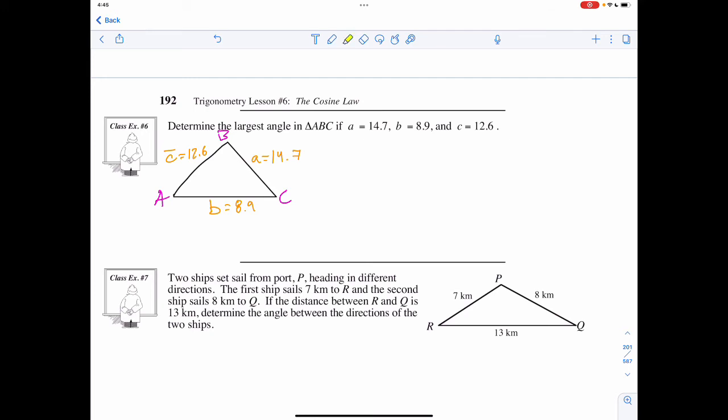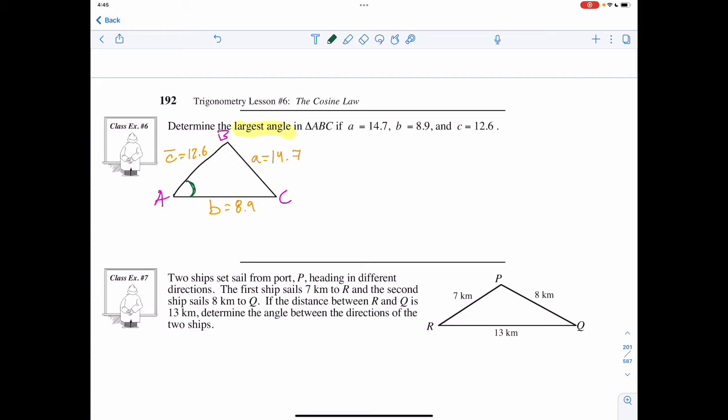Once again, this assumes that you can use logic. The largest angle in any triangle will always be opposite the largest side length. If I have three side lengths where one is 8.9, one is 12.6, and one is 14.7, I'm solving for the angle that's opposite of 14.7.